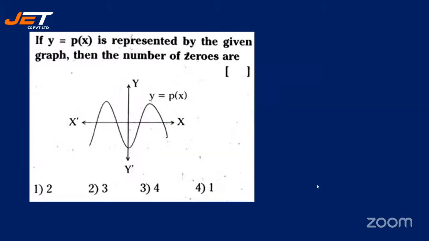All right, so now see here. If y is equal to p of x is represented by the given graph, then the number of zeros is dash. You can quickly tell me.